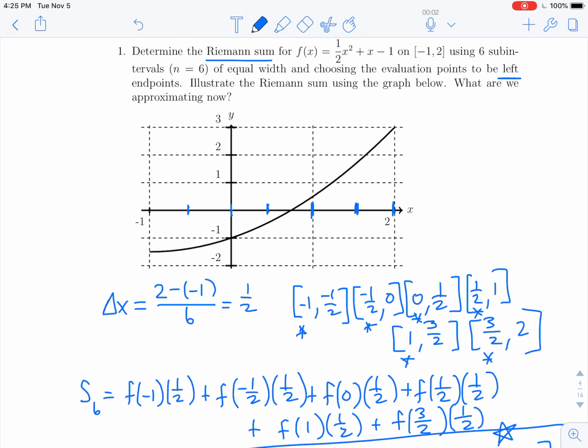So if you mark f of -1 on your graph, you're down here. Well, let's go ahead and use that height to draw our rectangle. So this rectangle's area is 3/2 times 1/2. You see that in the Riemann sum, it's there.